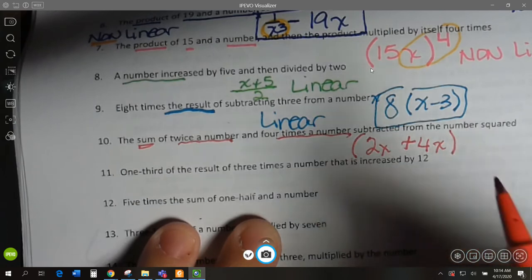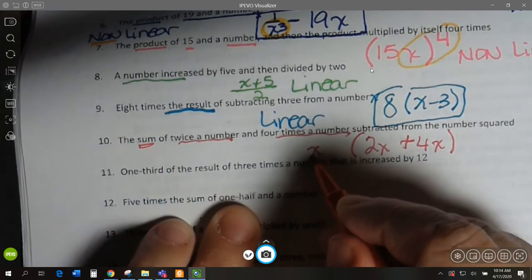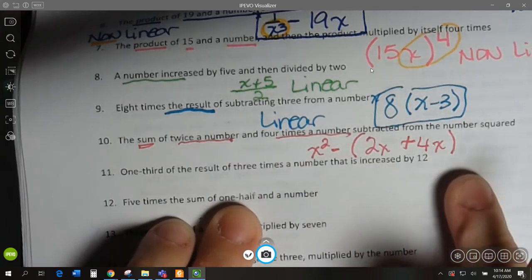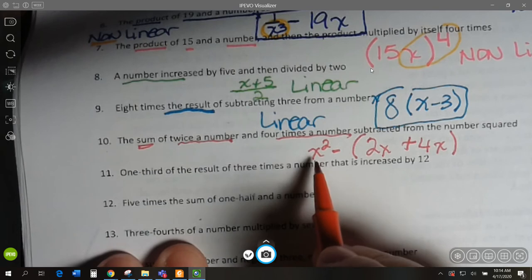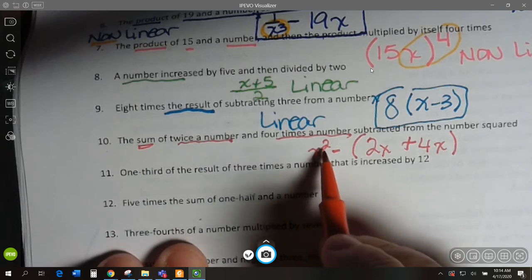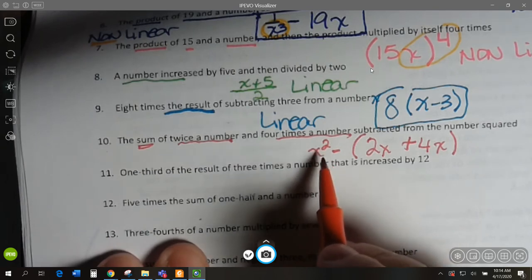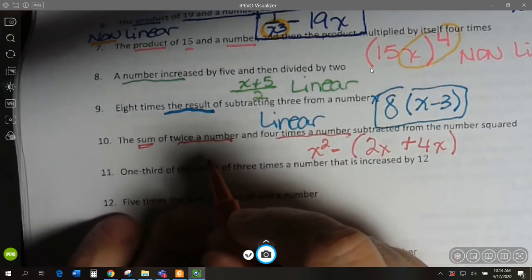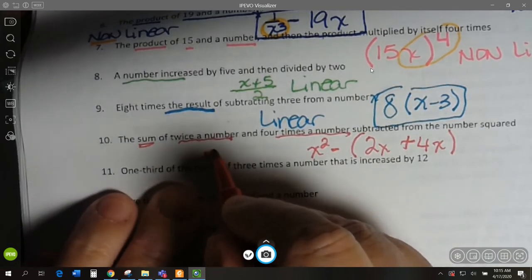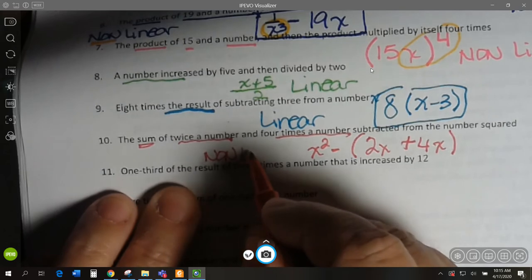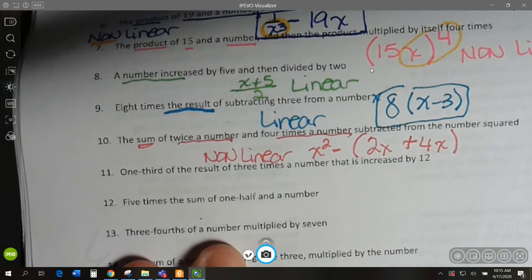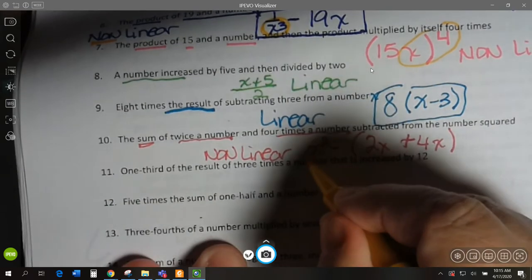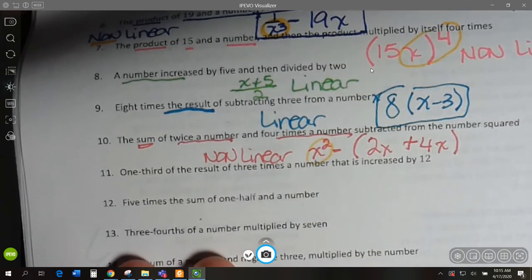Do we know the number? No, so it's going to be x squared, take away this. Because we have a variable raised to a power greater than 1, it is going to be nonlinear. Okay.